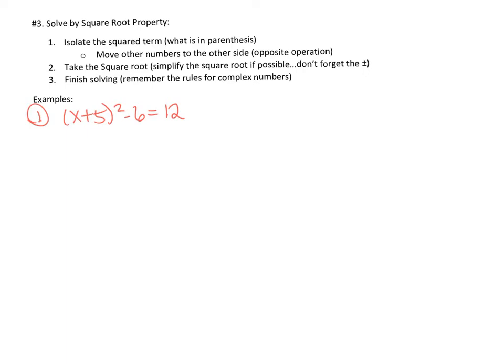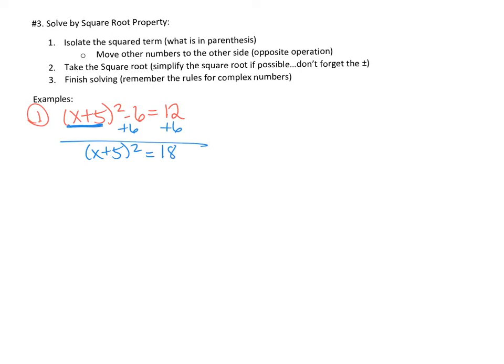With the other ones, we were supposed to be setting it equal to 0. However, here we're going to isolate our term. So I need to get anything that is not inside those parentheses to the other side. So I need to get rid of this minus 6. I'm going to add it to both sides. So I'm going to have x plus 5 squared equals 18.